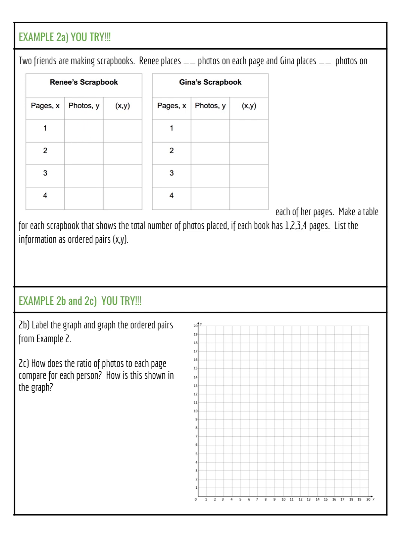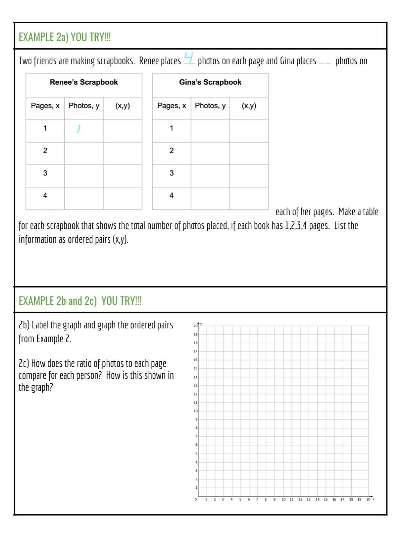So it depends on how many photos Renee has. If it was 2 photos, then it'd be 2, 4, 6, right? And then the same thing with Gina. And then we will create our ordered pair. All right, so let's go ahead and fill it in. Renee places 4 photos on each page.